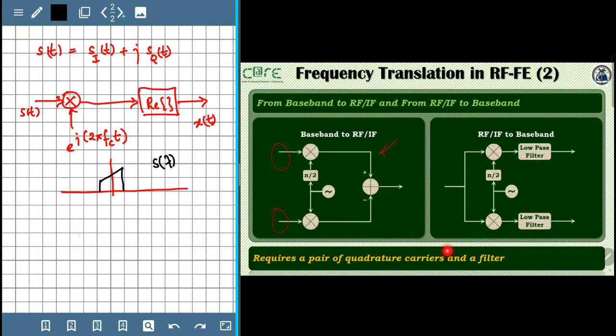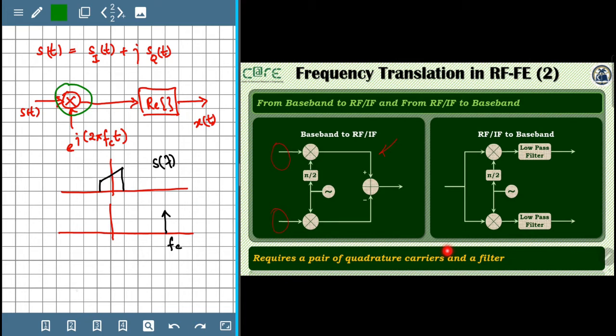We also draw the spectrum of the complex exponential. The complex exponential, as we mentioned earlier, has a spectrum that is just an impulse at fc. And now, because we are doing a complex multiplication in the time domain, we basically need to do a convolution in the frequency domain.